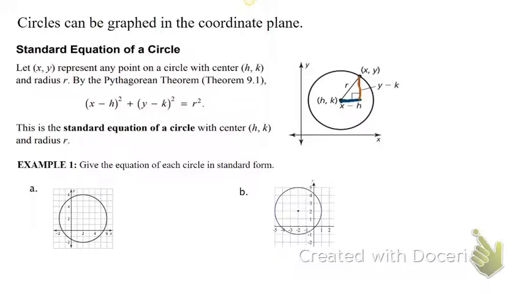So when we look at example 1, problem A, we're looking for the center of the circle, and it doesn't seem to be a point that is there. Oh, there it is. Okay. So we put the point at (2, 2). Then we know that we're going to write our equation of the circle, (x minus 2) squared plus (y minus 2) squared equals, we have to find that radius.